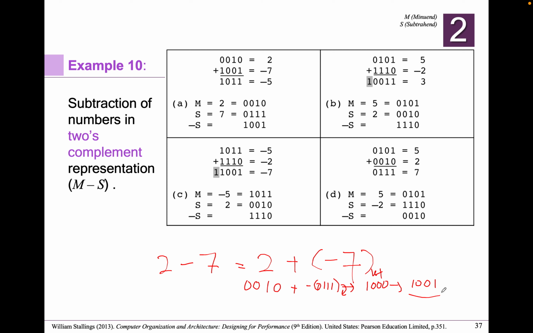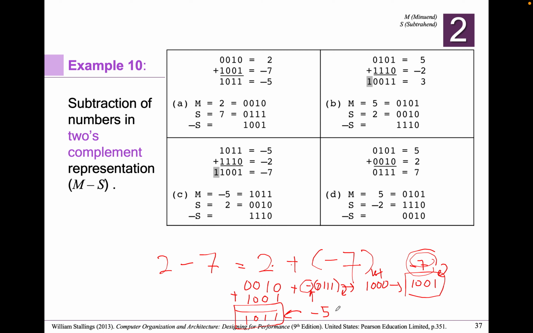So let's take a look. This is our negative 7, because we apply the second complement for negative numbers. So there we will add negative 7, 1001. So this is our answer, which is negative 5.